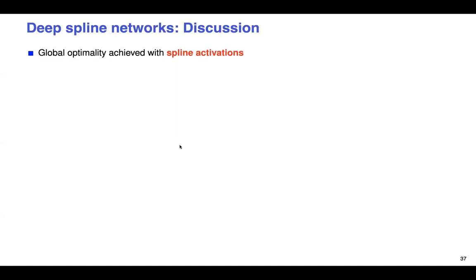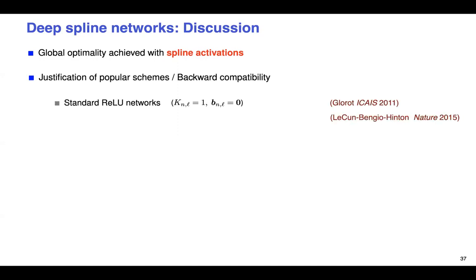Every neuron should be a linear spline. Now, the good news is that it's completely backwards compatible. The theorem says there are many knots. It doesn't tell you how many, just less than the number of data points. So if you just put one knot, you obtain exactly the famous ReLU neural network that everyone uses.